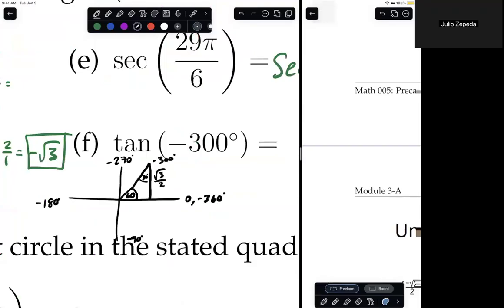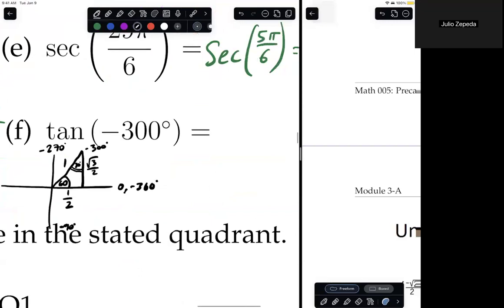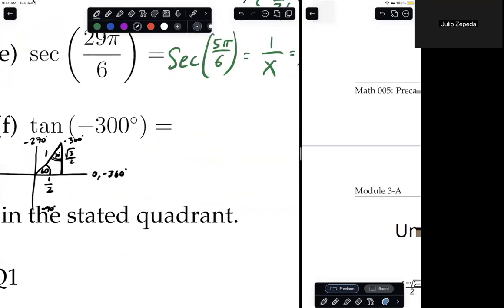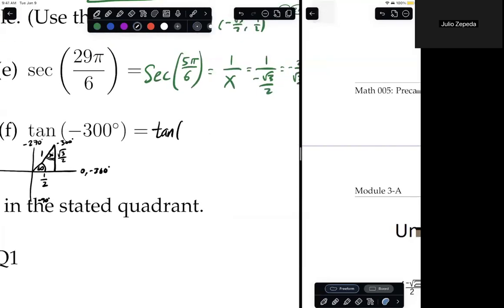Opposite the 30-degree angle, we had a side length of 1 over 2, and the hypotenuse was length 1. So all we need to do is find the tangent of the 60-degree angle, because we get a 60-degree reference angle using the negative 300-degree angle.